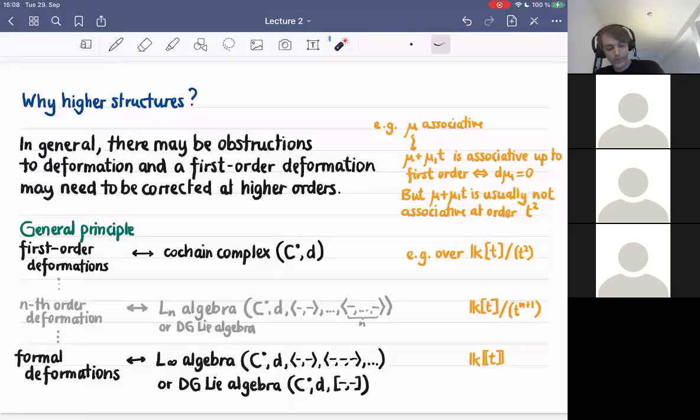So if you just add on a first order term, sometimes you have to add higher terms as correction terms.